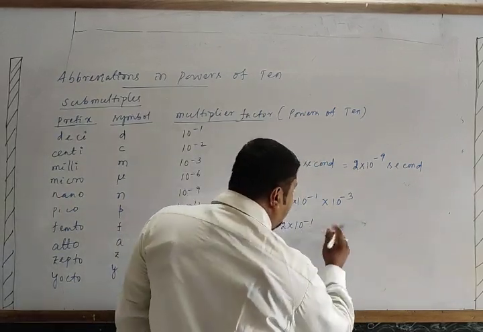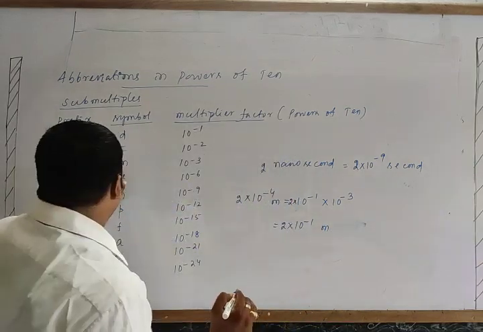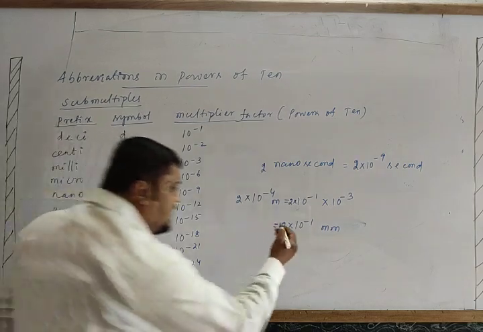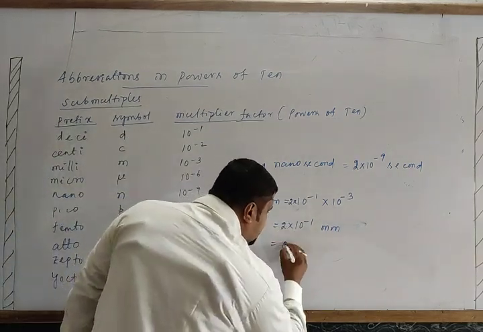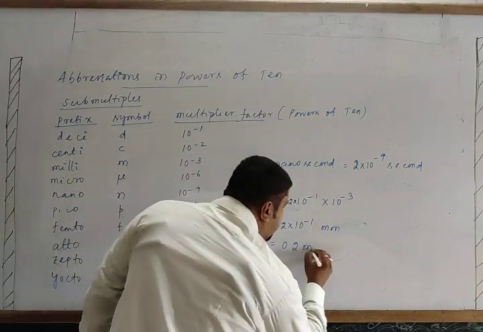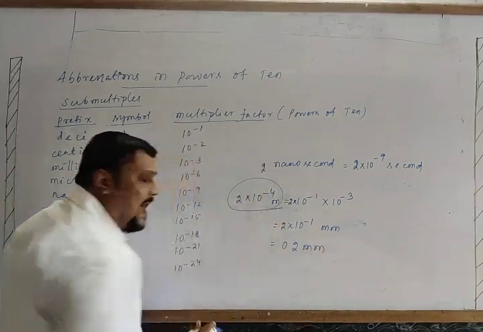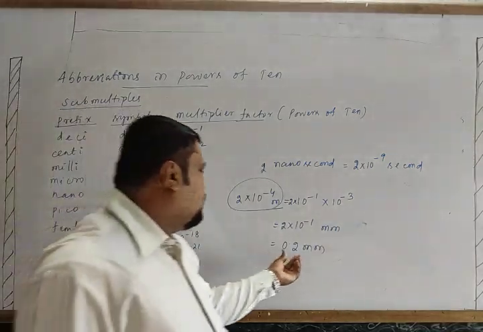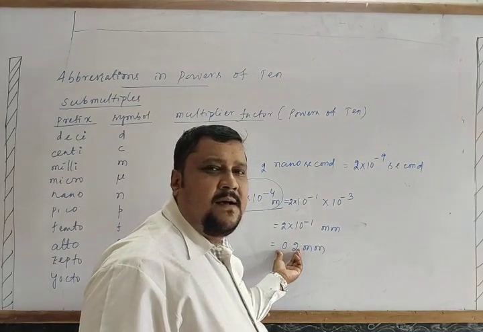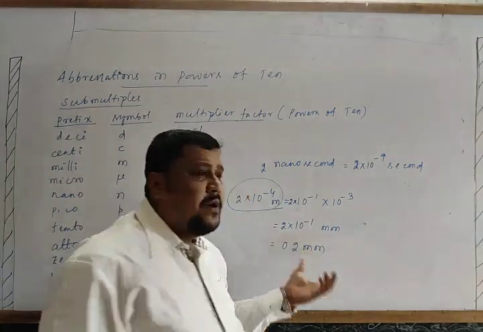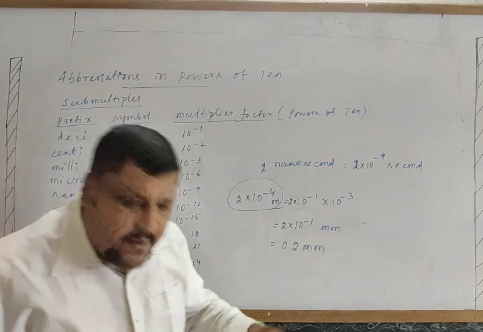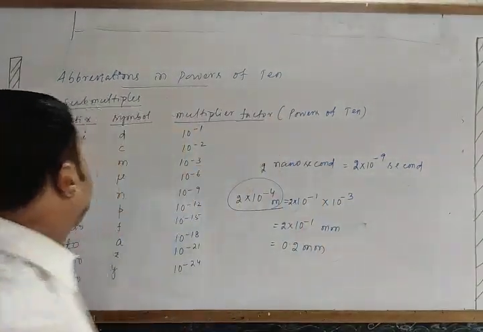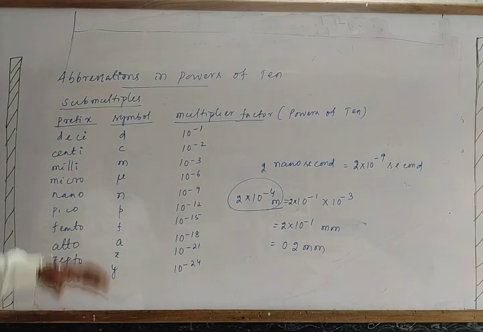In symbol form, I can write m for milli, meter m, so mm. Or we can write 2 by 10, 0.2 millimeter. The important point is that when I use this prefix, it is very easy to remember the numerical value in a convenient way. That is the use of the submultiples and multiples.